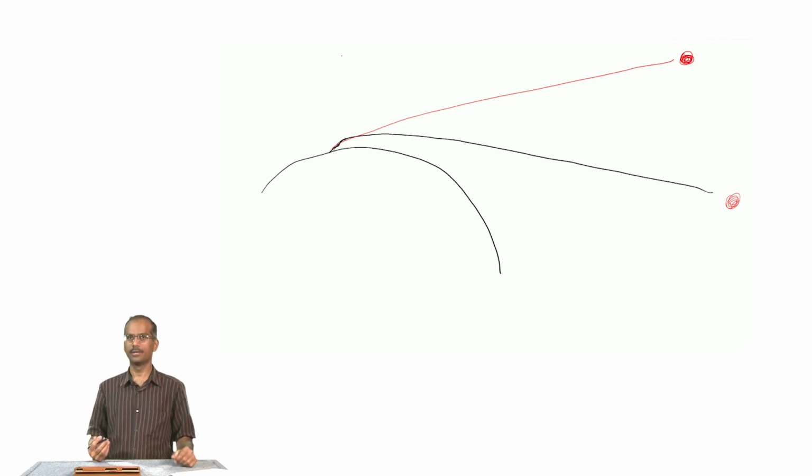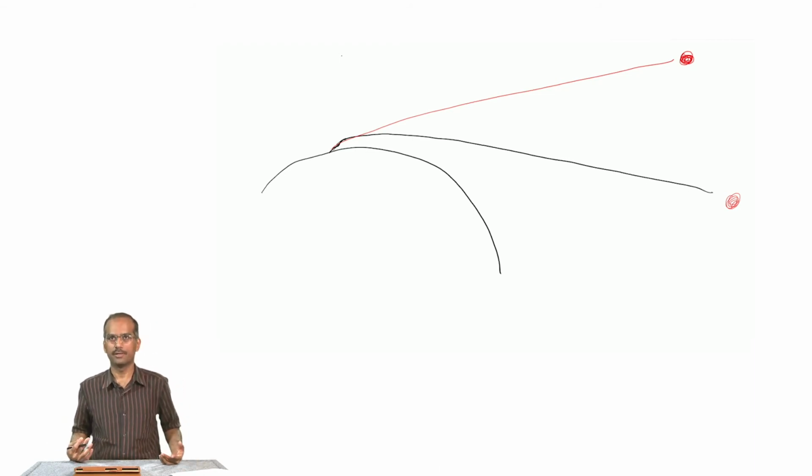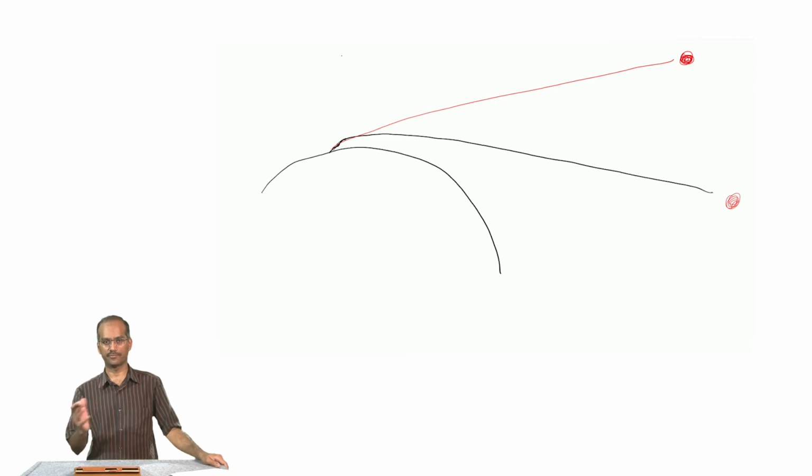From our perspective, it would look like the sun is somewhere here, whereas the more correct position of the sun is somewhere way below this point. And this is because of refractive effects of the atmosphere.